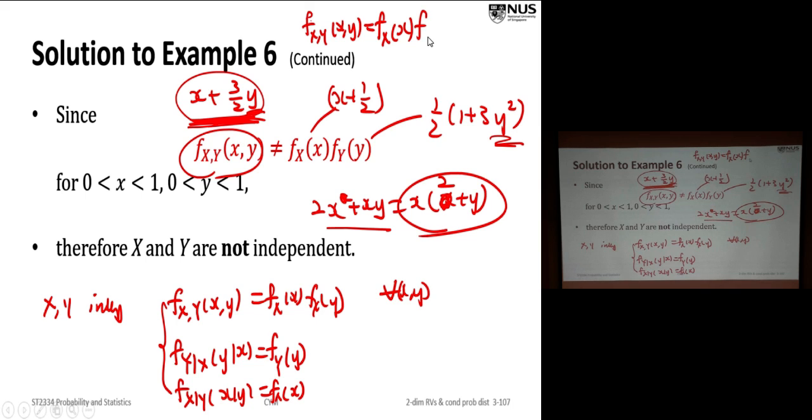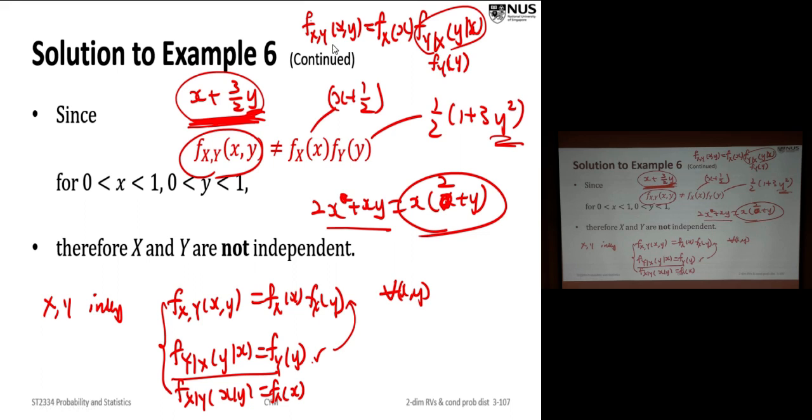Then I consider the chance of the random variable y equal to little y, given that x equal to little x. This is always true. All right? So if this is correct, then I replace this by f of y, the marginal of y. So in other words, with this one, I can work it out, it's equal to this, because I replace this by f of y. So the joint distribution equals the product of the marginals.